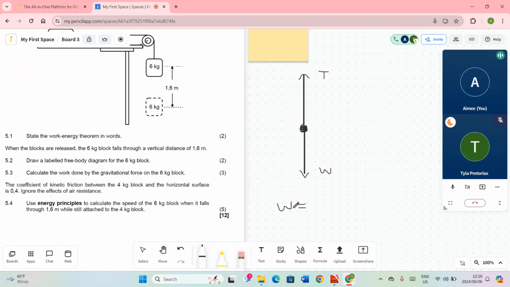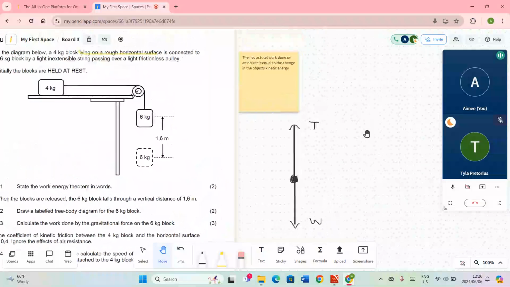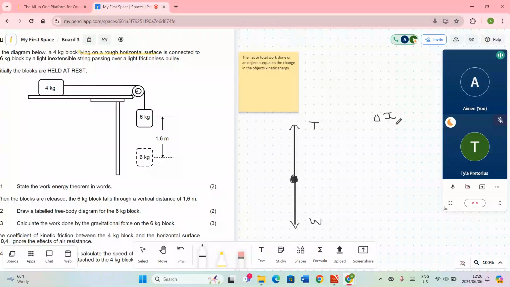So we say work done by weight equals weight multiplied by change in x, but we're not going to say change in x here. We're going to say change in y, because change in x is showing a change in horizontal distance.